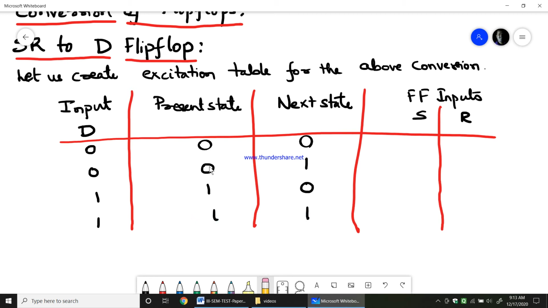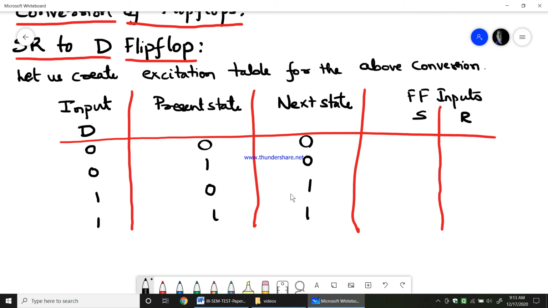This is a little bit changed, because if the present state is 1 and the next state is 0, then D is 0, whereas if the present state is 0 and the next state is 1, then D is 1. Now it is fine.